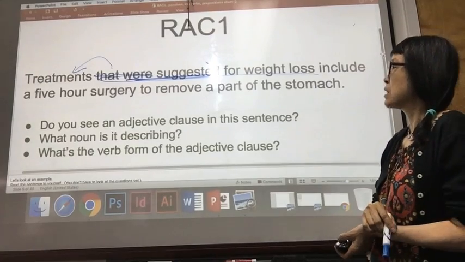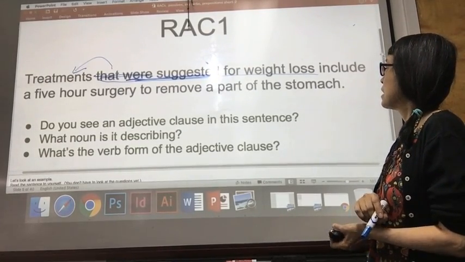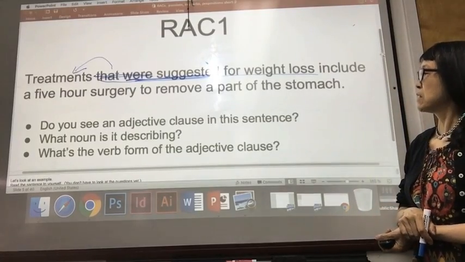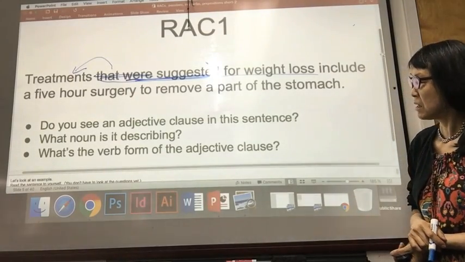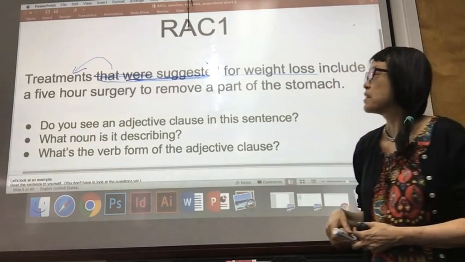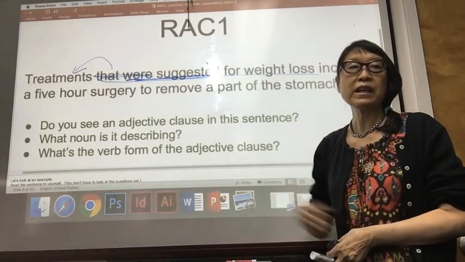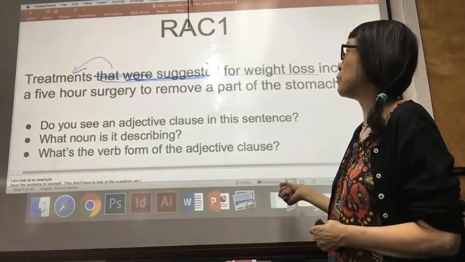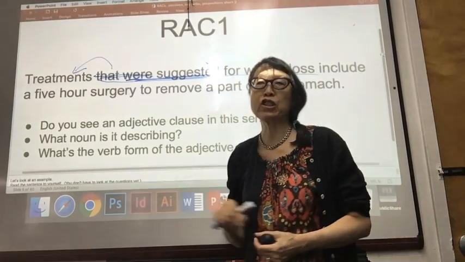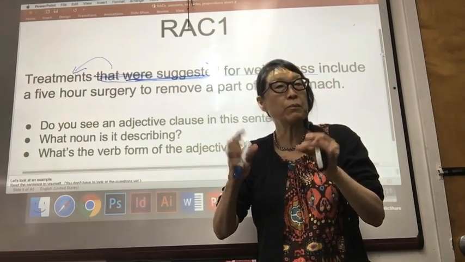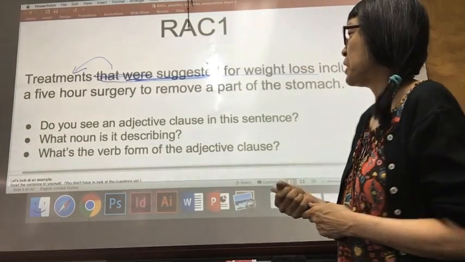Treatments suggested for weight loss include a 5-hour surgery to remove a part of the stomach. Okay, good. So the sentence is correct without that word. So we got rid of some of the words, and now we have a reduced adjective clause. An adjective clause that we've shortened by taking out some of the words that we don't need.